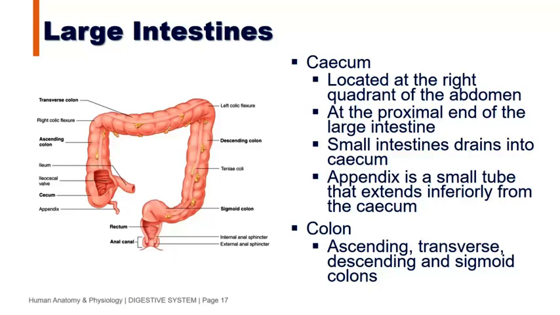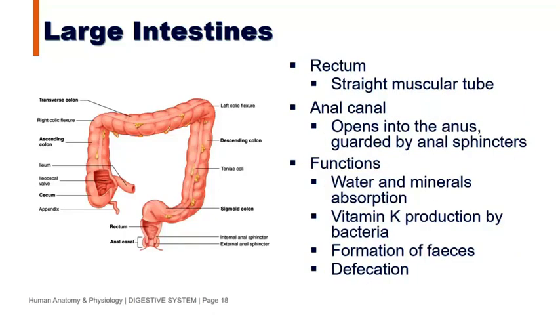Then you have your transverse colon, you have your descending colon, and your sigmoid colon. Okay, remember the locations, okay? As you can see from our photo on the left side of the screen. Then your rectum, down here, is a straight muscular tube.